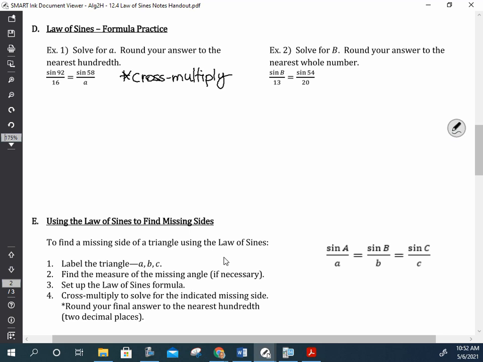Sine 92 times A equals 16 times the sine of 58.